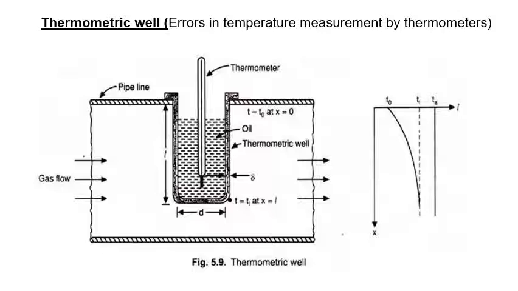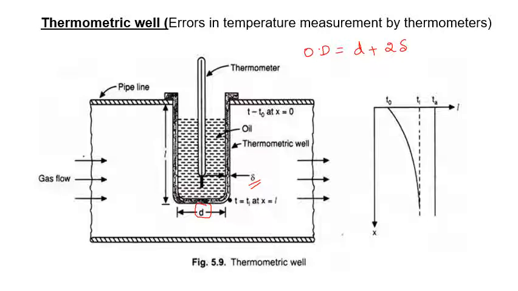So as per the schematic diagram, what we are seeing here, the pipeline has got a well, thermometric well, which is having the diameter D, and the pipeline is having the thickness delta, right? So OD, or the outside diameter, is now the inner diameter plus twice the thickness, right?